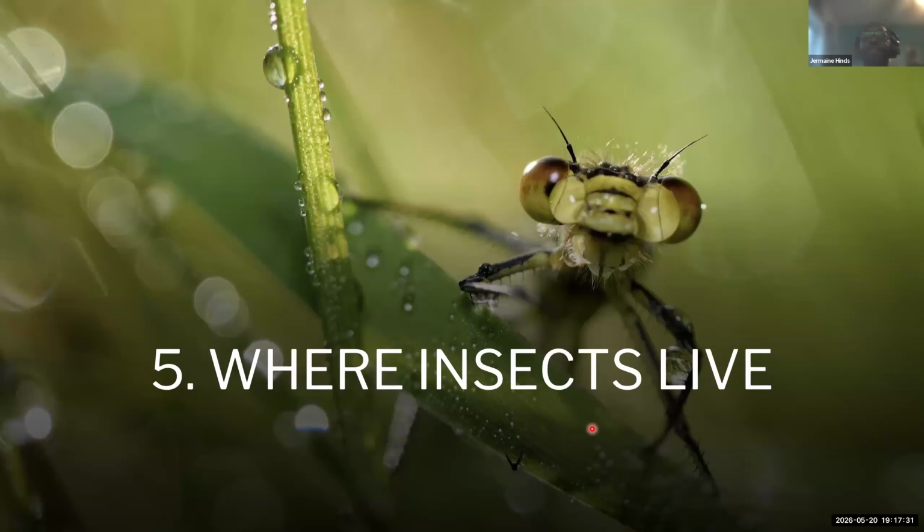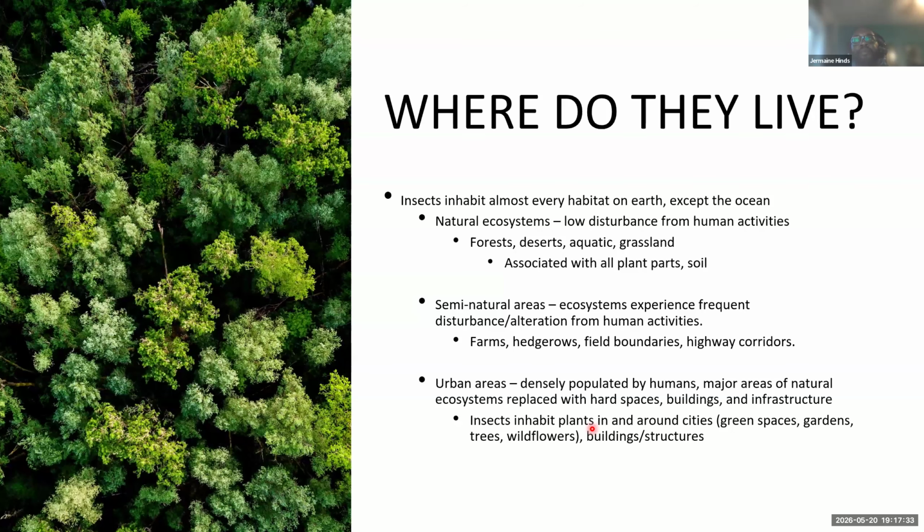All right, so let's talk about where insects live. Insects inhabit almost every habitat on Earth, largely except for the ocean, deep saltwater environments. But there you have just arthropods, right? You have your crustaceans and things like that. Insects live in natural ecosystems, those with low disturbance from human activities, things like forests, deserts, freshwater aquatic areas, streams, ponds, lakes, and grasslands.